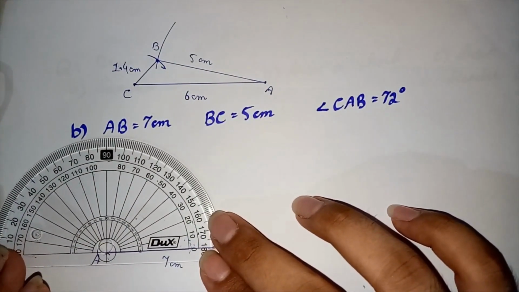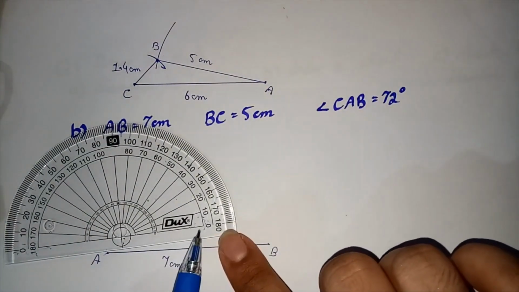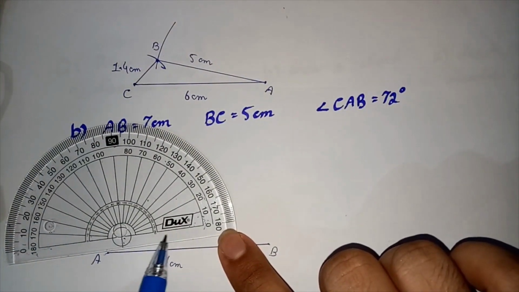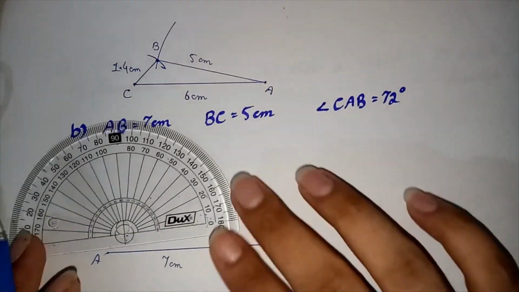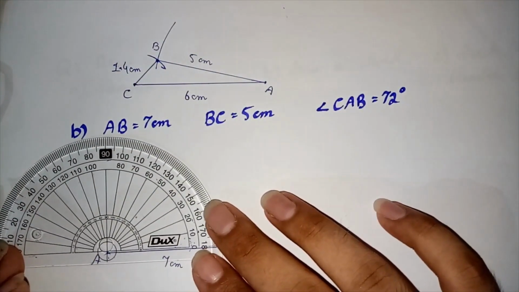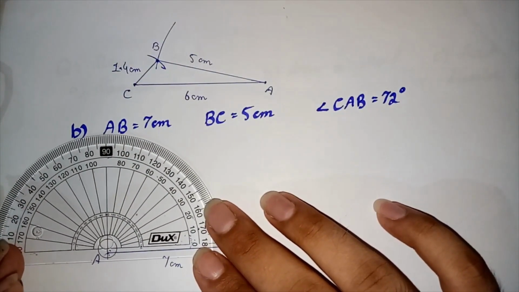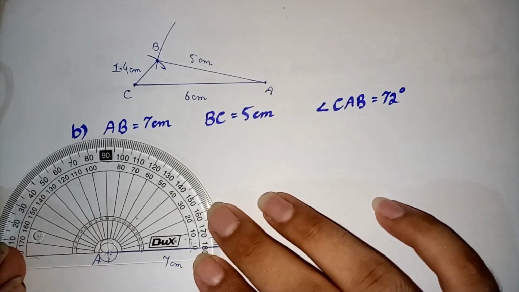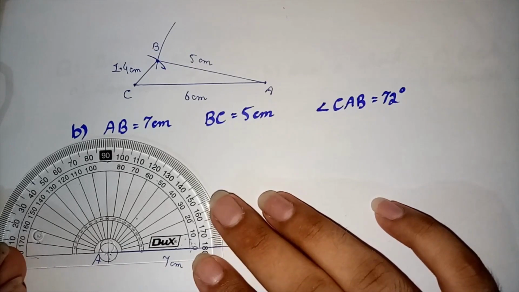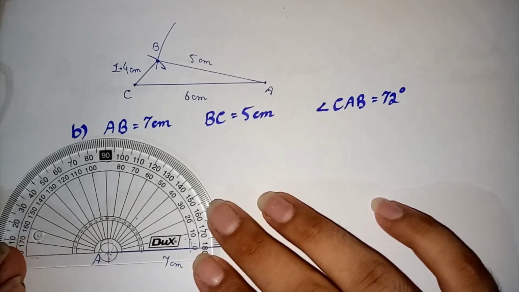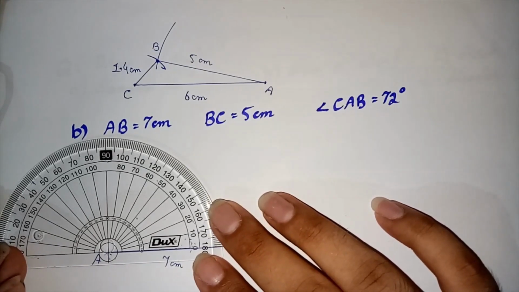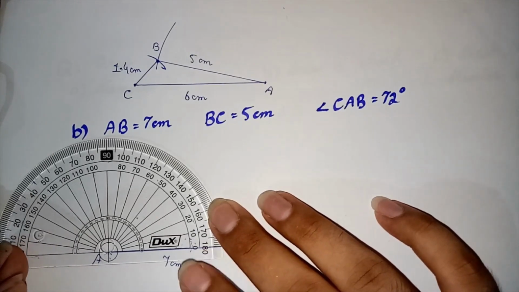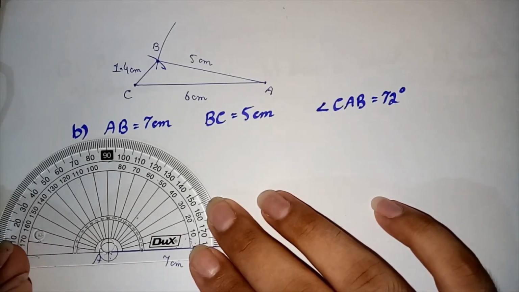Okay, just like this one, and we have to put this 0 line on this baseline. Just like this one, and here we have a baseline. Like this one. Clear?